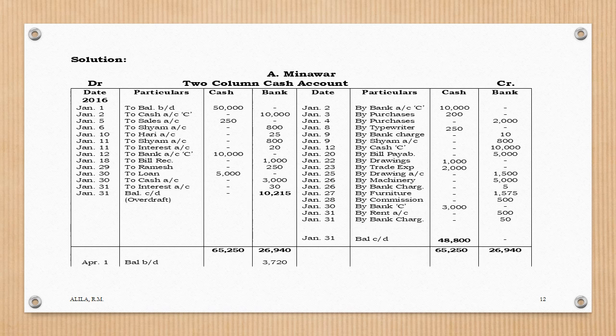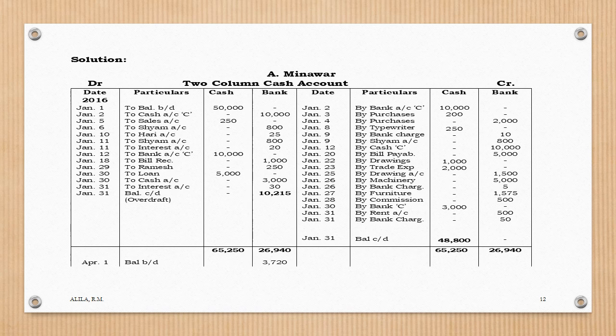So if we are done with all transactions, now we have to make a comparison between the debit side and the credit side of the account. Here you have to remember that we have two accounts in one account.